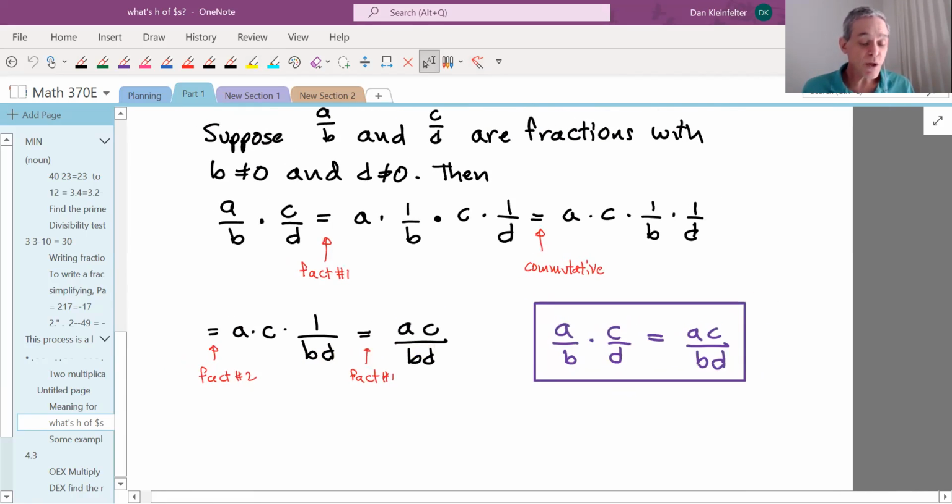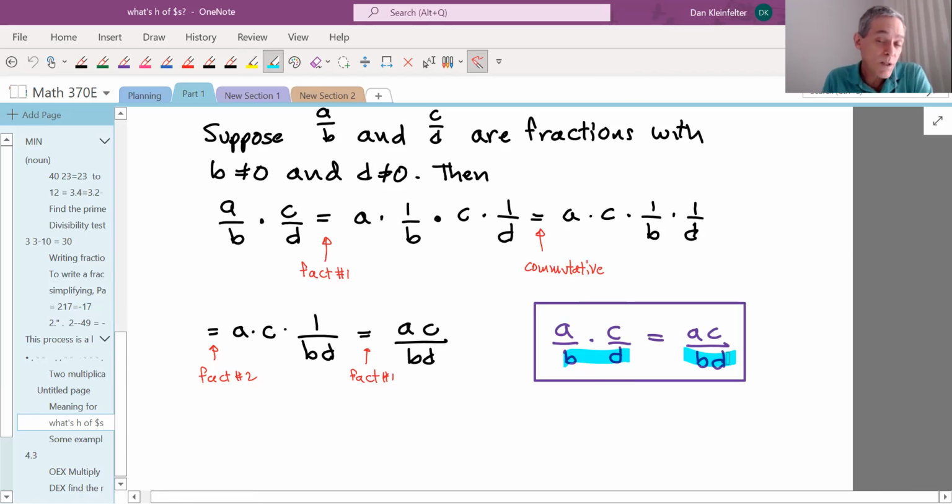If you like, you can skip all the stuff in the middle. That says basically that if you have two fractions, a over b and c over d, you multiply their numerators together, you multiply their denominators together. And that's the rule for how you do multiplication of fractions. Multiply tops and multiply bottoms, and that's it.